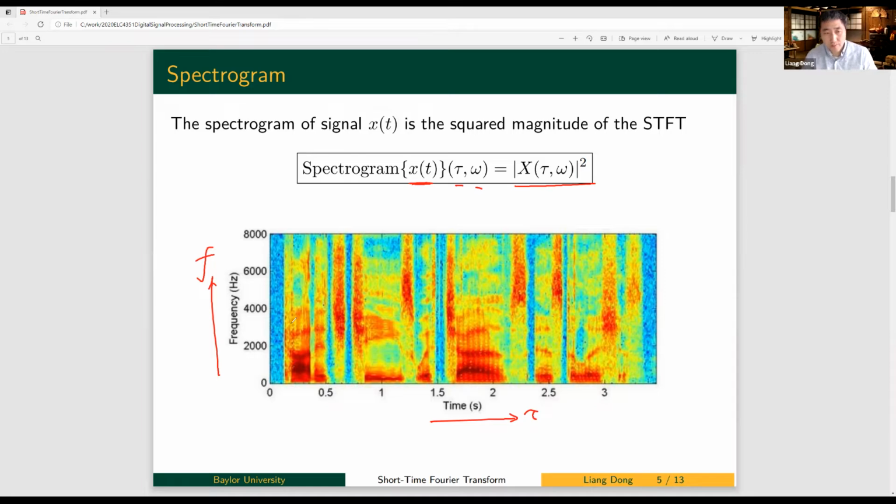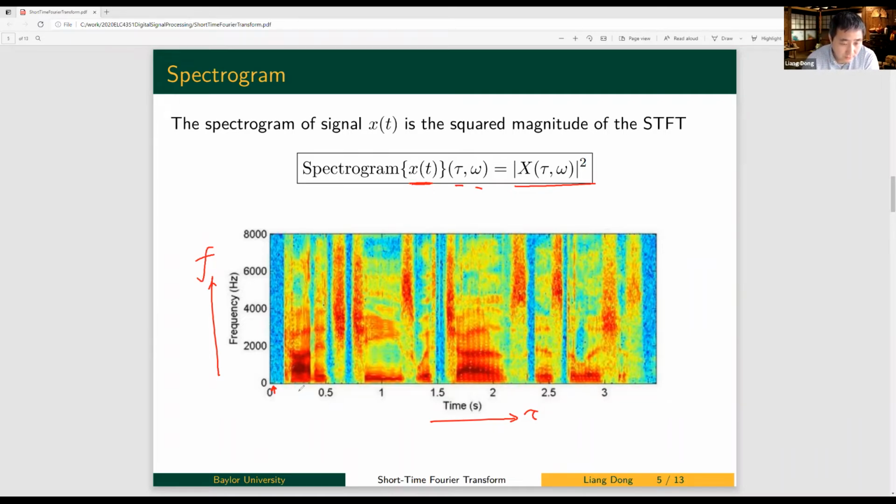And using this spectrogram, we can actually see a lot of dynamic environment in the frequency. For example, at the very beginning, it's a short time. We windowed that, and I don't have too much in frequency. Maybe there's no signal at all, so everything is low energy with this cold color.